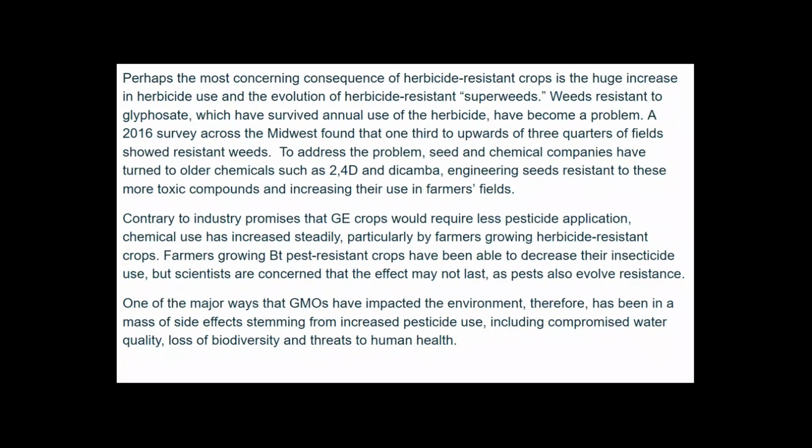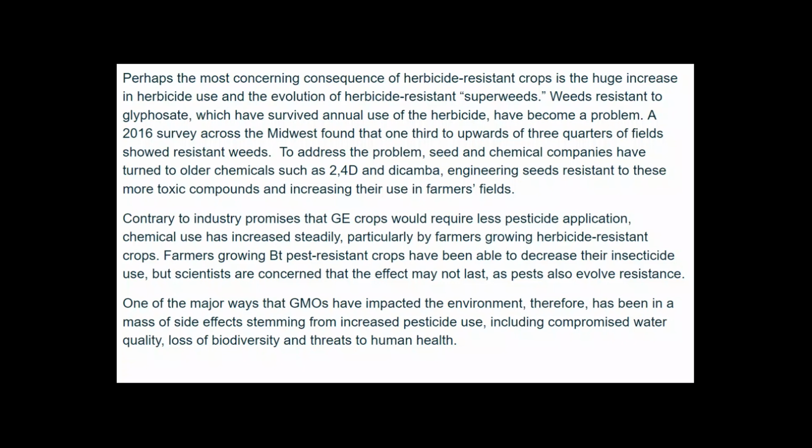Perhaps the most concerning consequence of herbicide-resistant crops is the huge increase in herbicide use and the evolution of herbicide-resistant superweeds. Weeds resistant to glyphosate, which have survived annual use of the herbicide, have become a problem. A 2016 survey across the Midwest found that one-third to upwards of three-quarters of the fields showed resistant weeds.